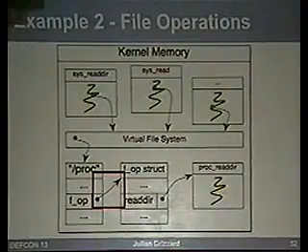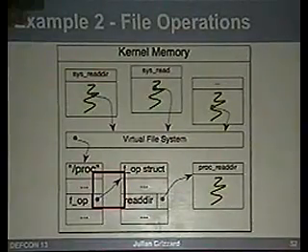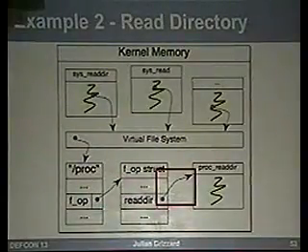The f_op stands for file operations, I believe. For proc, you look up what the file operations for that file system are. There's a file operations structure, which is standard, and for each file system, you have to implement a number of function pointers. In this case, readdir is the one I'm going to highlight. So you've indexed all the way in to readdir, and finally you get to the proc readdir code. That then returns information back to your system call, and then back to your user program.